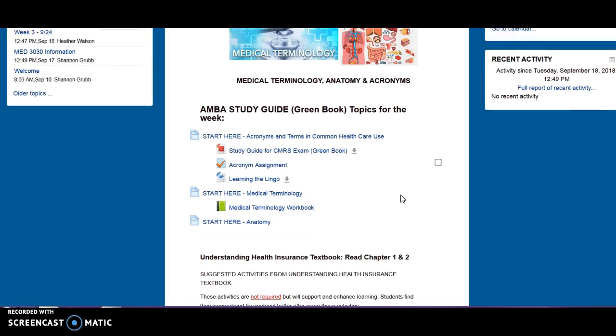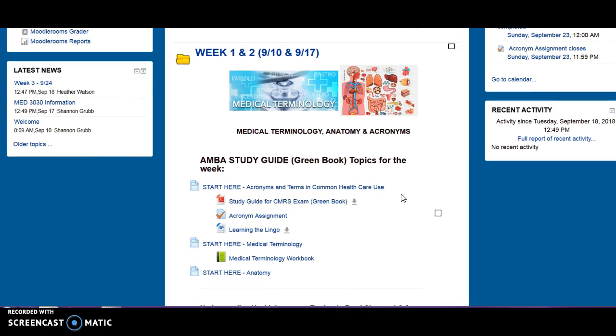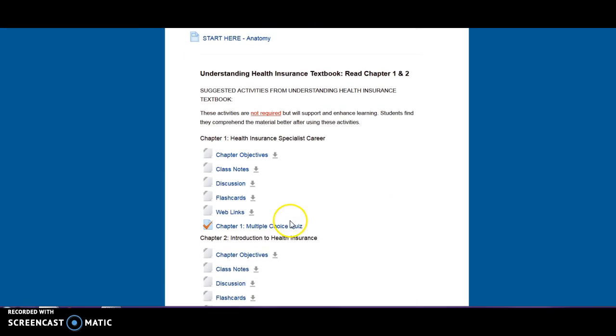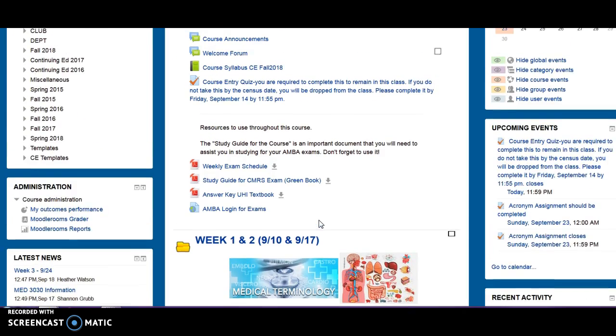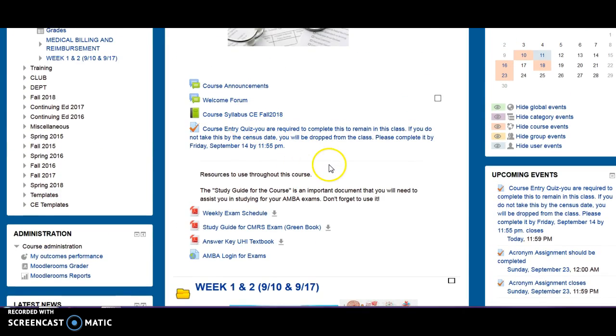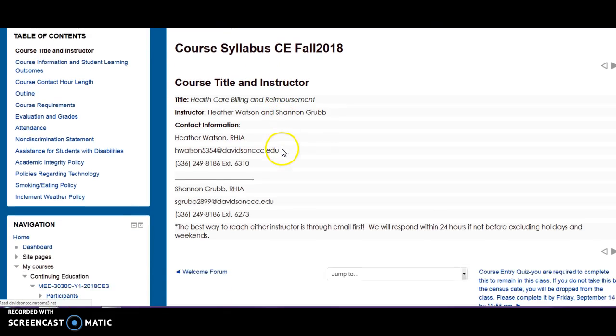So again, probably the takeaway initially is that there are 2 distinct parts to this course, the AMBA study guide and the Understanding Health Insurance. I know you've looked at it, but I'm going to pop up here to the schedule and the syllabus since we've talked about the 2 parts to the class. I'm going to let that load.